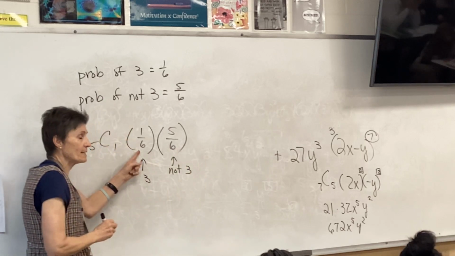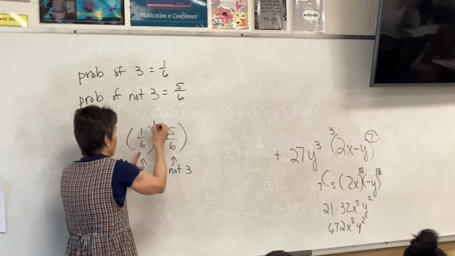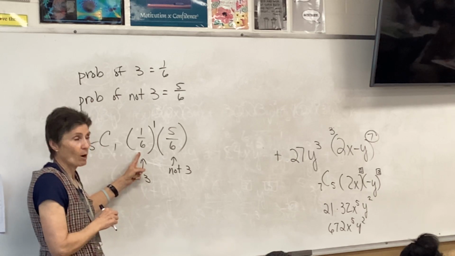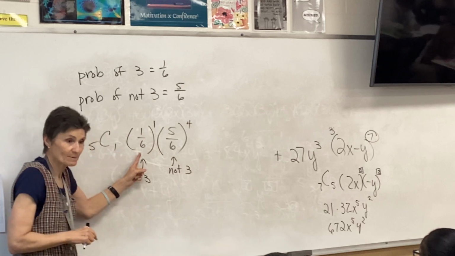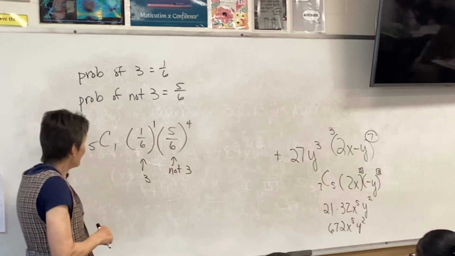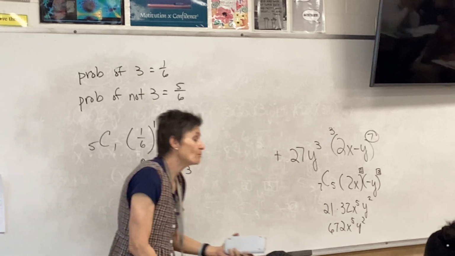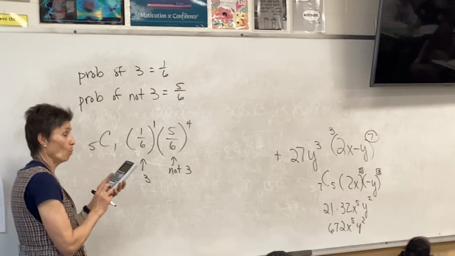How many 3s do I want in this particular problem? 1. How many not 3s do I want in this problem? 4. I gotta roll it 5 times, right? That, friends, is the answer to the question. That's how you find the probability of rolling exactly one 3.